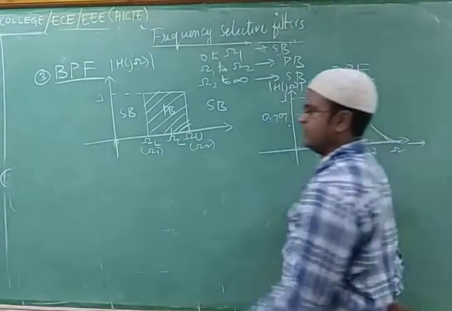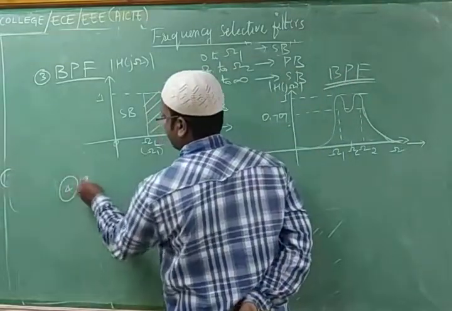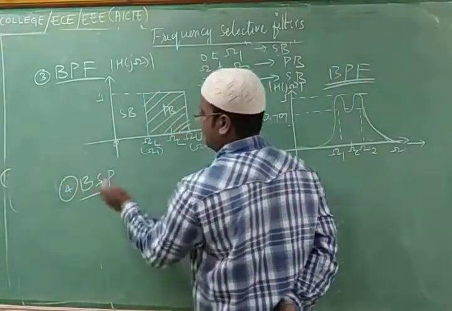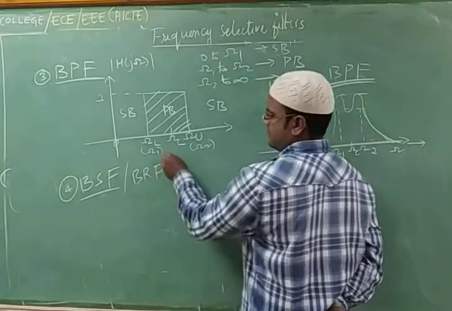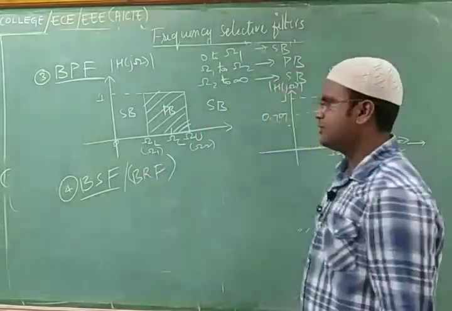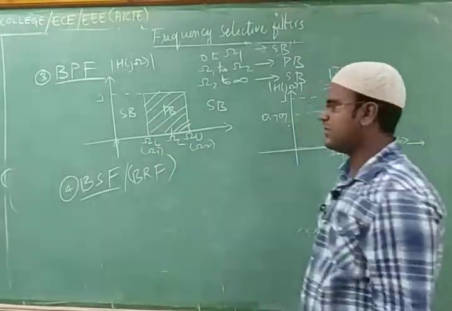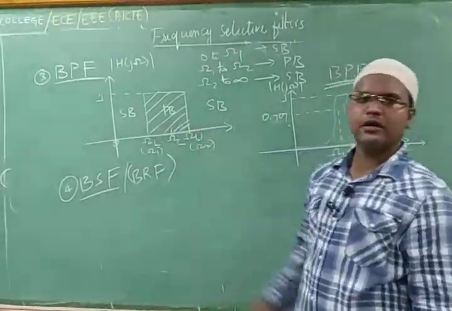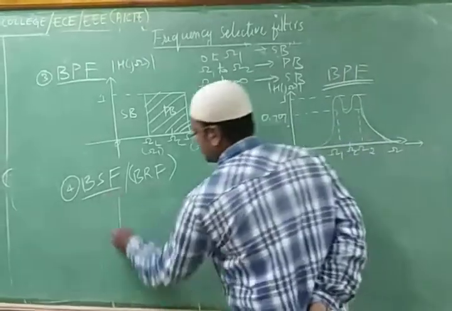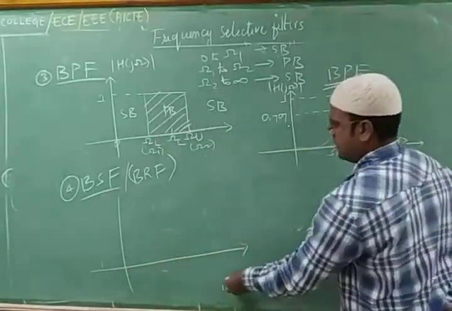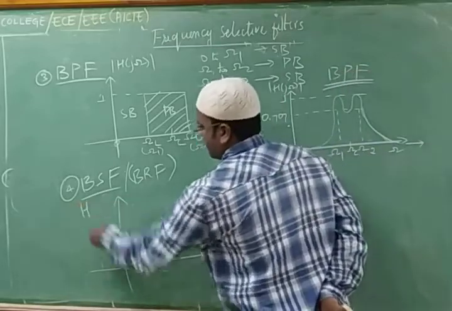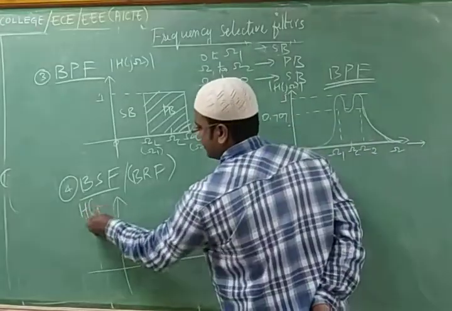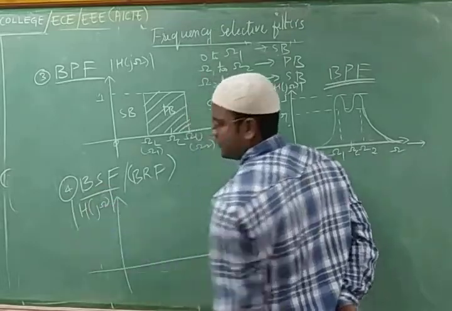So this is the way we will represent the band pass filter. Likewise, we can go with the next part, that is the band stop filter or band reject filter. Reject means it is quite the reverse of this. It will reject this much band and allow the remaining band. We'll draw it with omega on the x-axis and the magnitude of H(j omega).